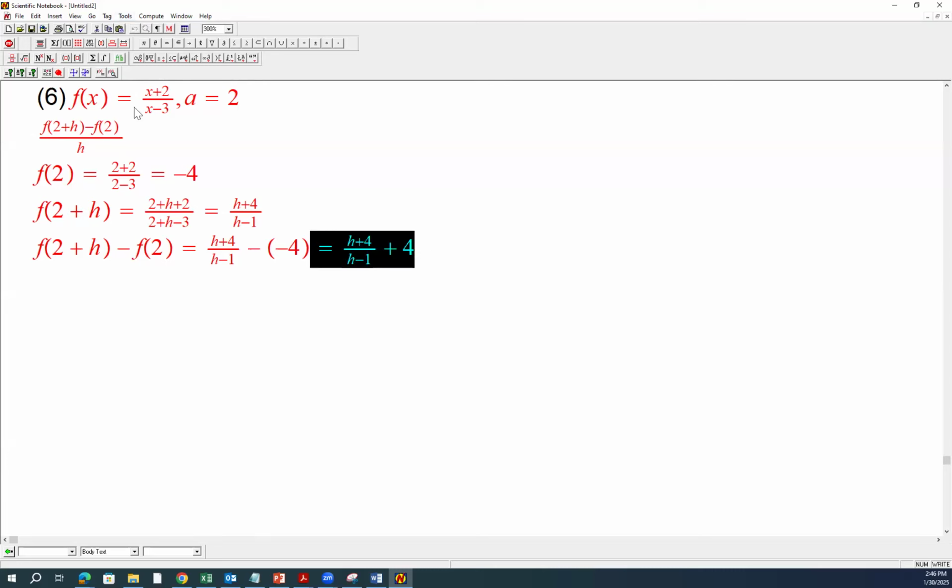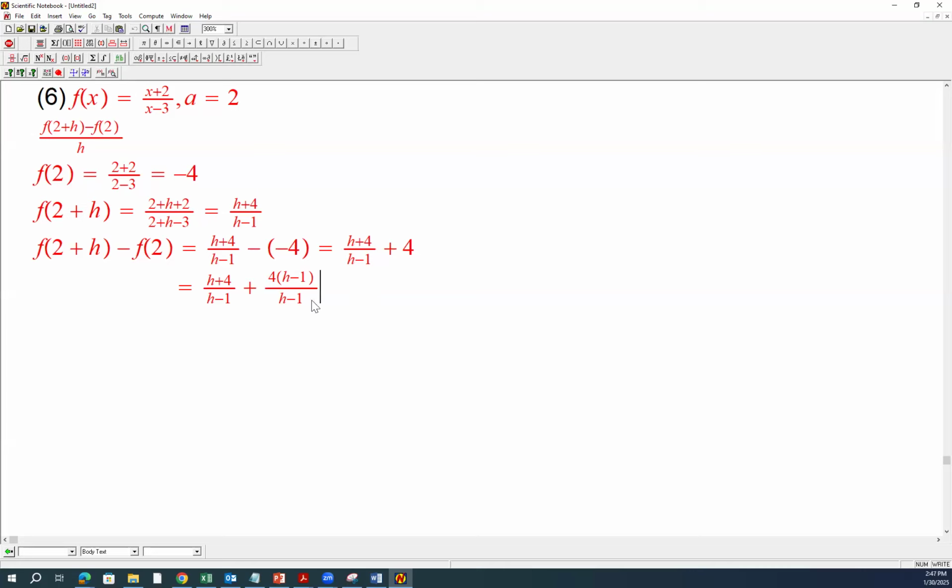So common denominator, algebraic skill. So we get to practice that. We're going to multiply by h minus 1 over h minus 1. So now we have the same denominator. We bring the 4 on the top, so 4 times (h minus 1).